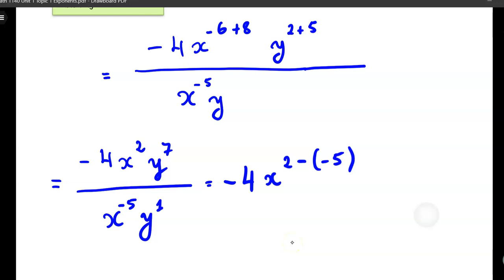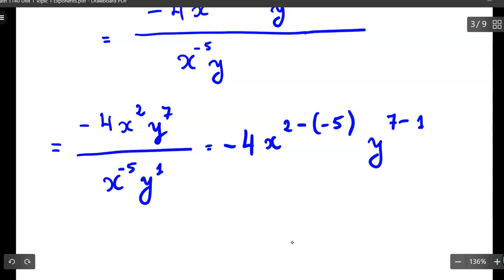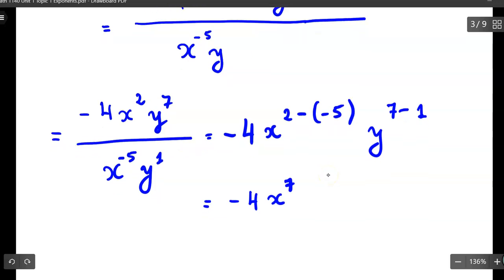And then I will write y to the exponent 7, and I subtract the 1. Then I have -4 x raised to the exponent 7, because 2 subtract -5 will give me 7, and 7 minus 1 will give me 6. So this is the final result.